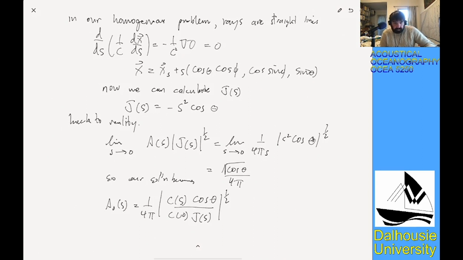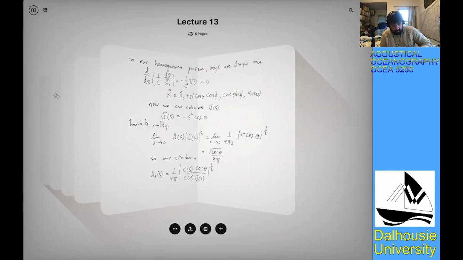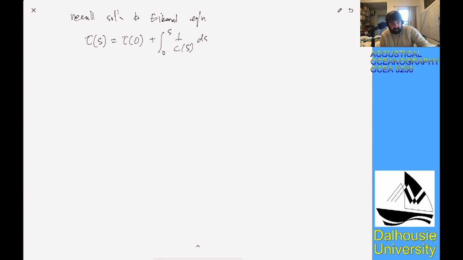Now, that gives us a solution for the amplitude. Let's go back. Let's recall the solution to the eikonal. Basically had tau along s equals tau 0, we know that is 0, plus the integral from 0 to s of 1 over c of s prime ds prime, just the integration variable.